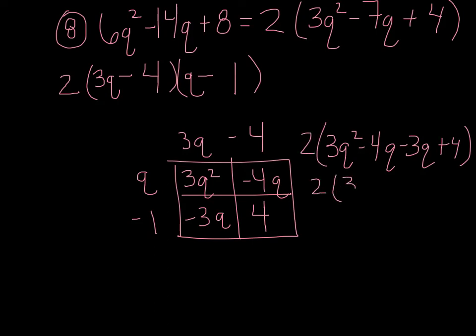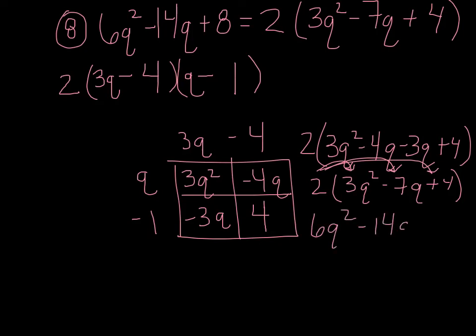If I combine like terms, I have 3q squared minus 7q plus 4. Then I distribute my 2 to each term. So I have 6q squared minus 14q plus 8, which checks with the original, so I have the correct factorization.